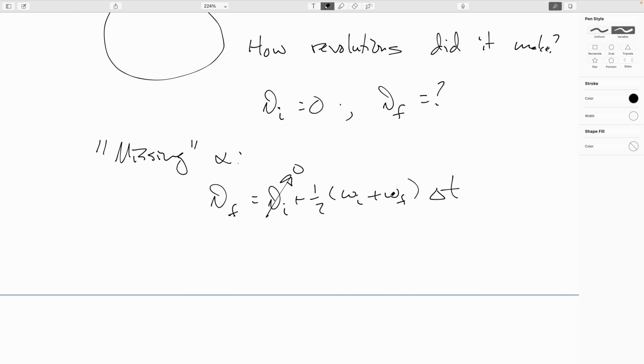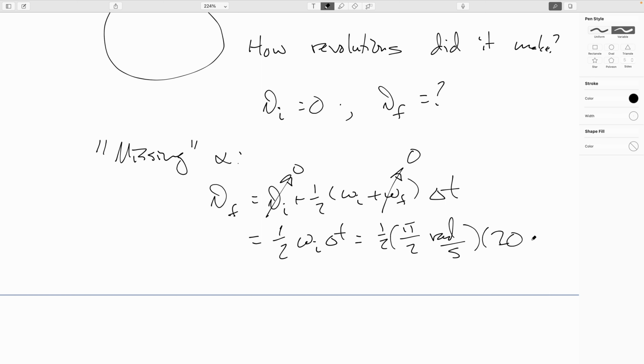The initial angular position we can set to 0, and we were given that the thing eventually coasted down to a stop, so we can set the final angular velocity to 0. So my final angular position, so the angle I churned through, will be 1/2 omega initial delta t. So this is 1/2 times pi over 2 radians per second, and this will be times our 20 seconds.